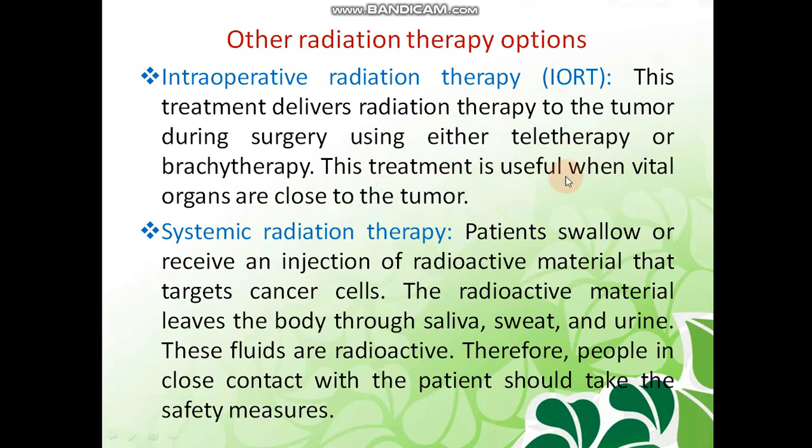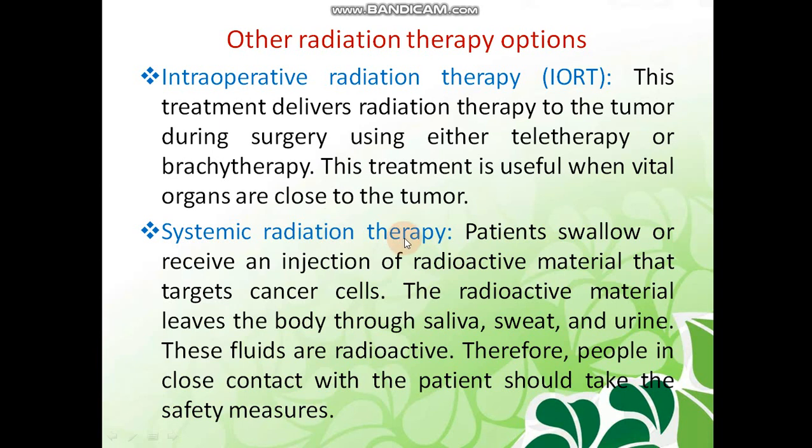This treatment is useful when vital organs are close to the tumor. While we operate on the patient, we can avoid exposing the vital organs directly to radiation. We can visualize the patient's body and deliver the radiation without any harm to the vital organs.